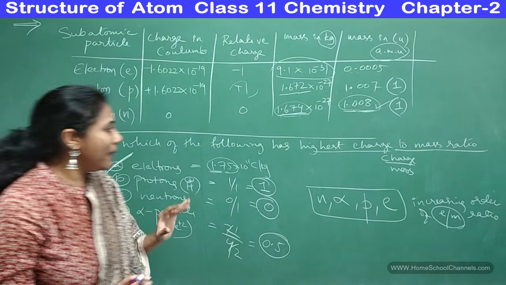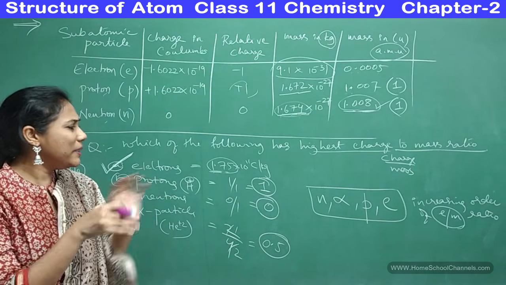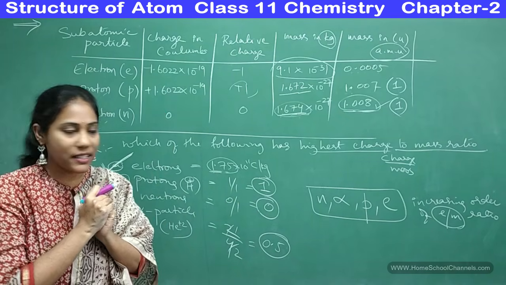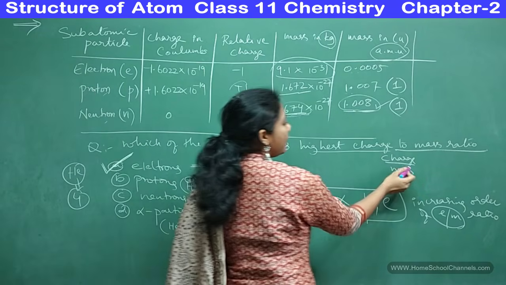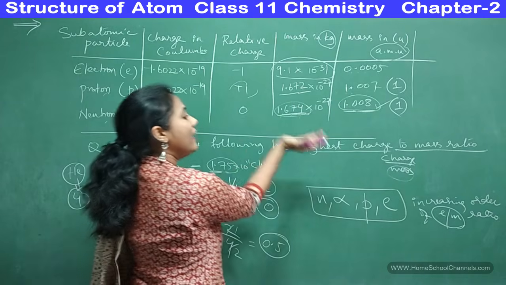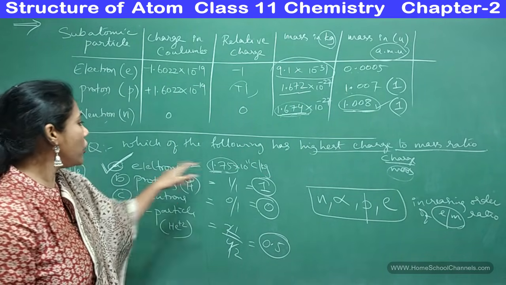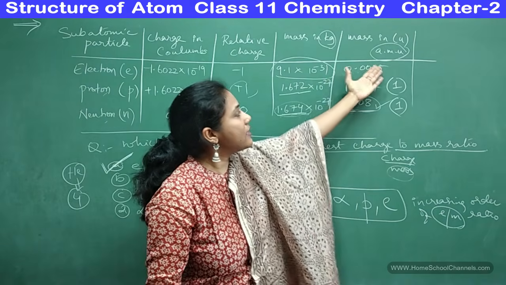And remember here, the one which has got the least mass commonly will have highest charge to mass ratio, since mass is in the denominator. Electron has got the least mass. Electron's mass is very less.